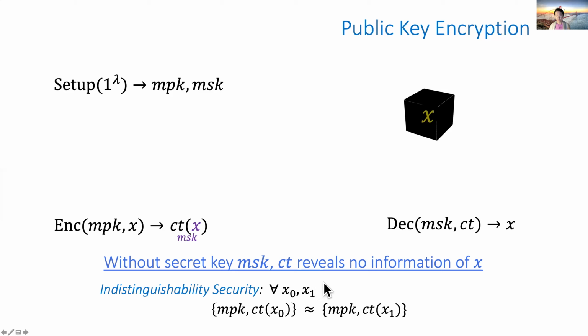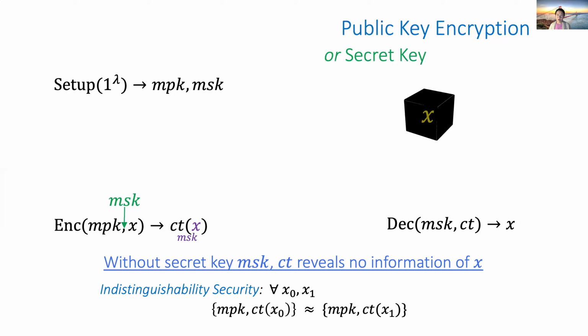For most of the talk, you do not need to understand these formal security definitions in order to understand the ideas behind our construction. So you can just stay with the intuitive understanding that security means the ciphertext reveals no information about the encrypted input X.